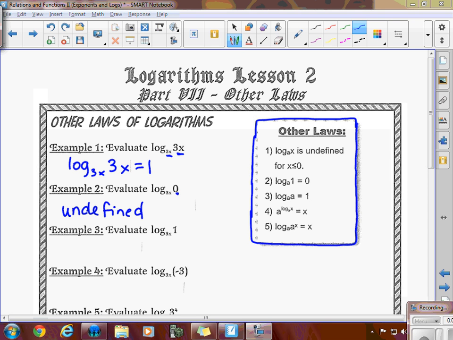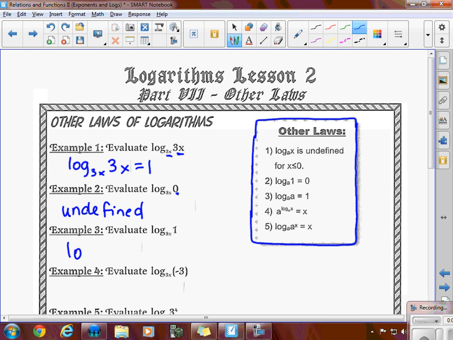The next example, 3, is saying evaluate log base 3x of 1. Again, we've talked about the answer to a log always being an exponent. This is saying what power of 3x gets me to 1. Back from when you first started learning about exponents in grade 9 and 10, we really pushed the fact that anything to the power of 0 is 1.